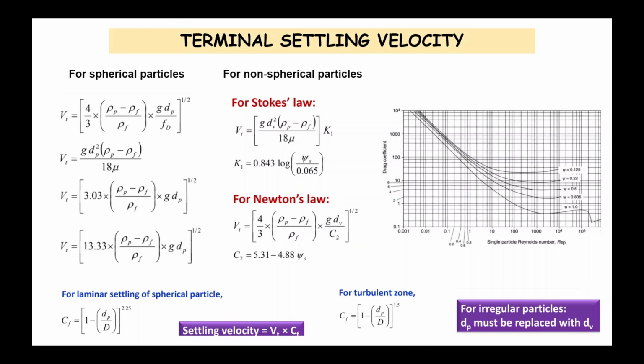In case of non-spherical particles, we replace dP by dV. Once we do this, we multiply this factor to the terminal settling velocity to obtain the settling velocity of the particle under the wall effect.